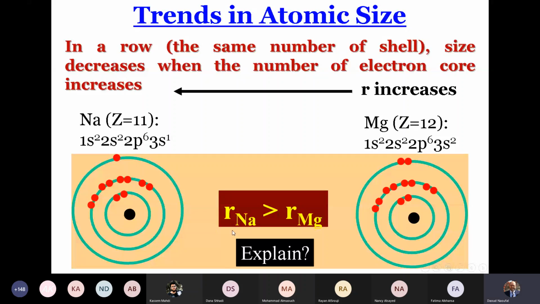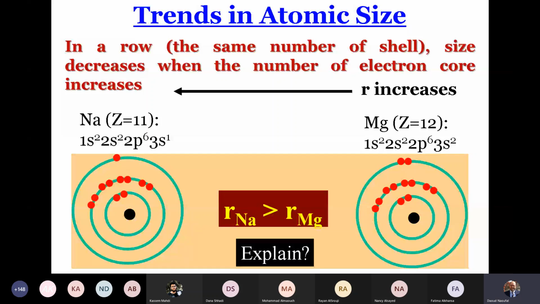So by theory, the atomic size, the place of sodium is at this point, and the place of magnesium is at this point. So the radius of sodium is greater than the radius of magnesium. I will explain this proof, but you can apply the trend directly without it.